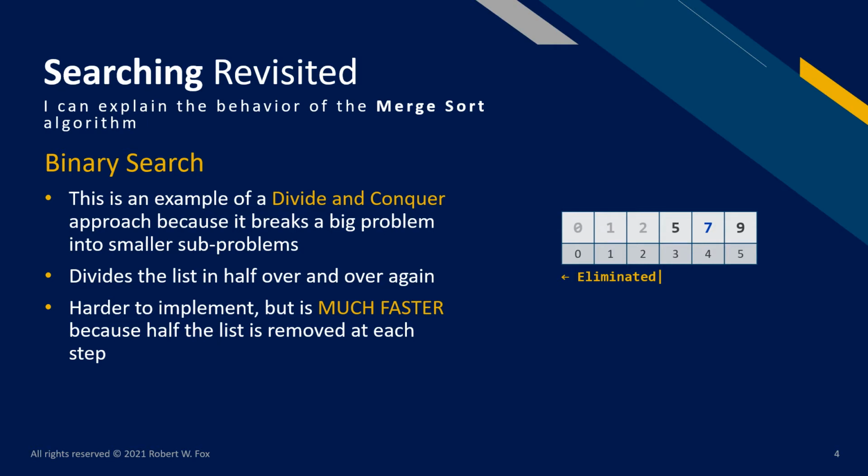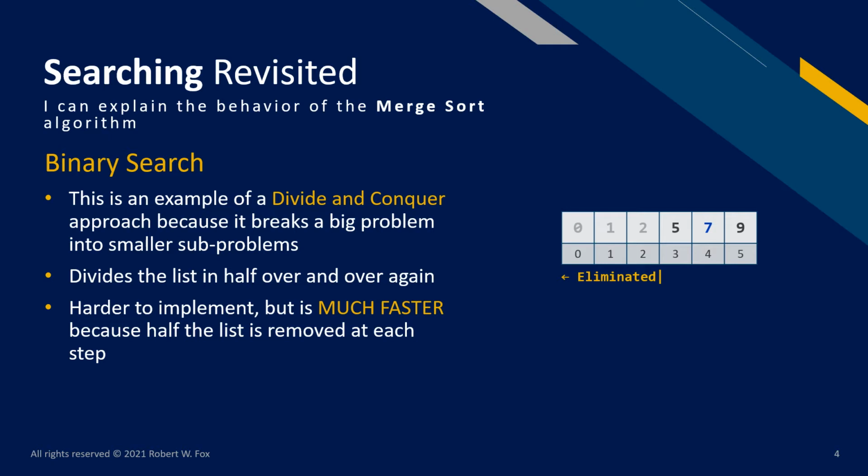On the other hand, binary search takes a very different approach. The approach it takes is called divide and conquer because it tries to break a big problem into smaller subproblems. Specifically in this case, what we can do is leverage the fact that if we're searching for something, say a 7, we can recognize that that's in the right half of the list. And if it's in the right half of the list, then I don't even have to look at the elements in the left half. And so every time I'm able to eliminate half of my list.